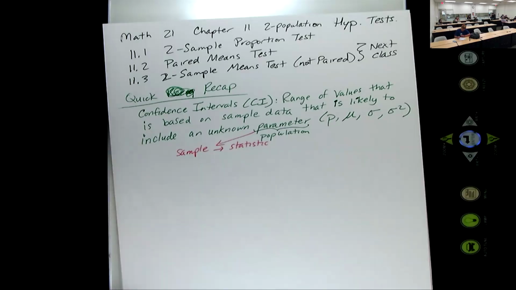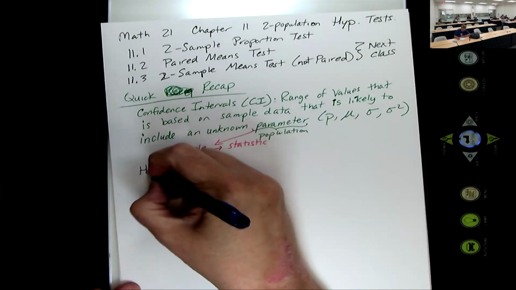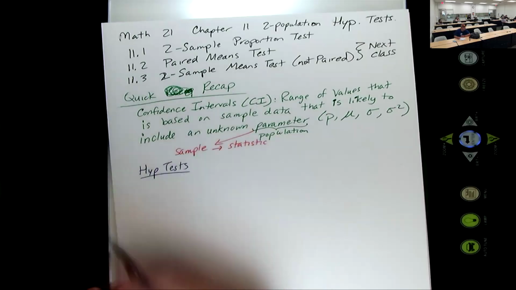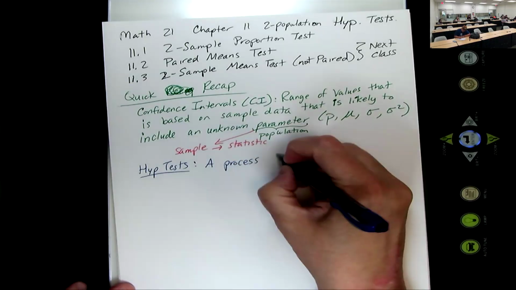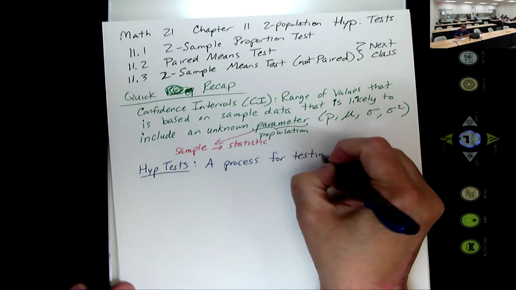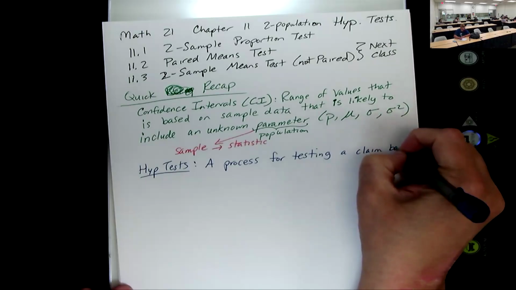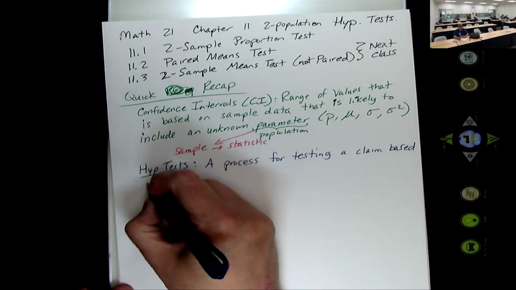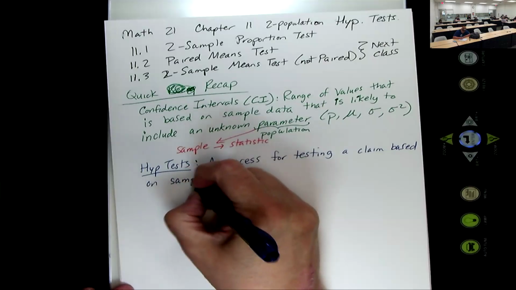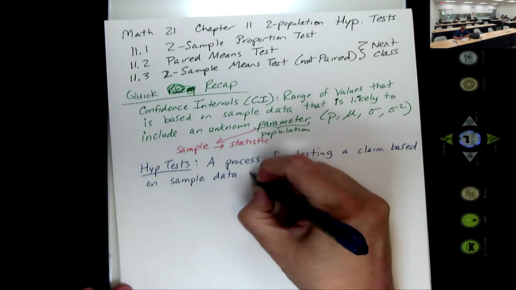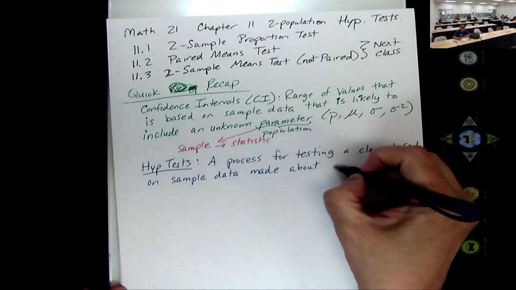All right, and then we have a hypothesis test. This is a process for testing a claim based on sample data made about an unknown population parameter.